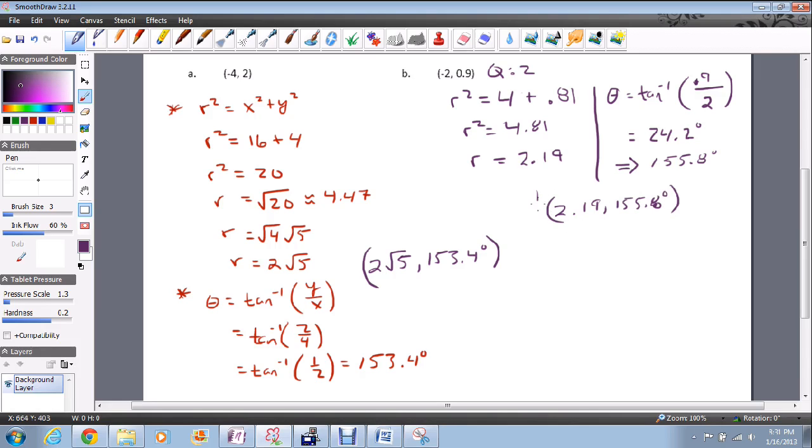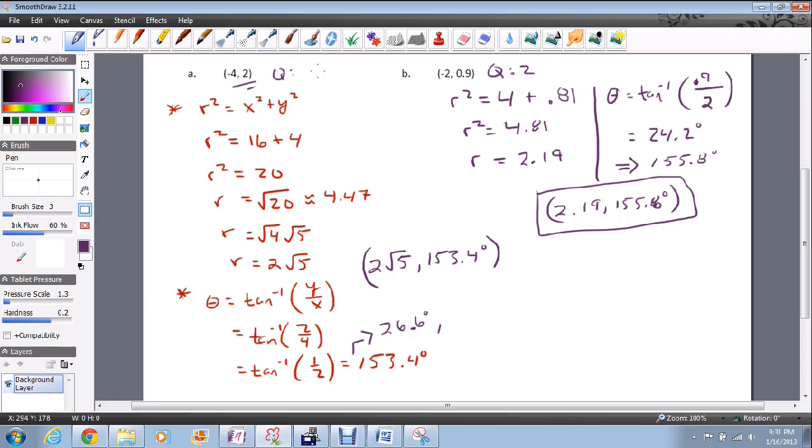So I'm just realizing now that I kind of forgot to explain that part in part A. So when I actually did this calculation, I got 26.6 degrees. But remember, the point up here is in quadrant 2.